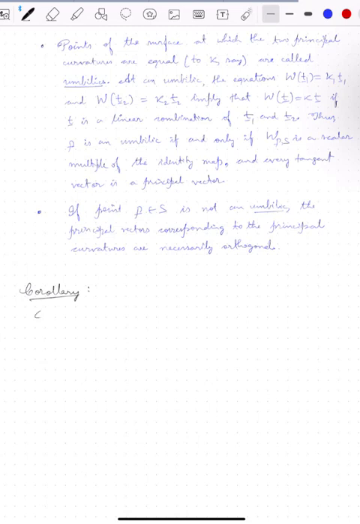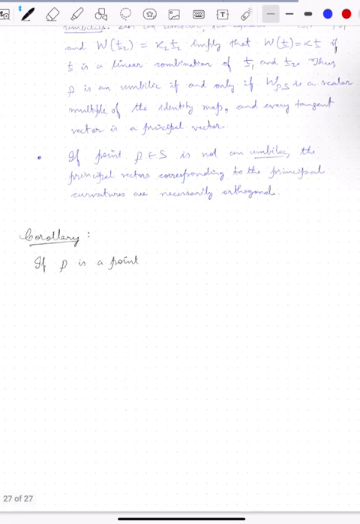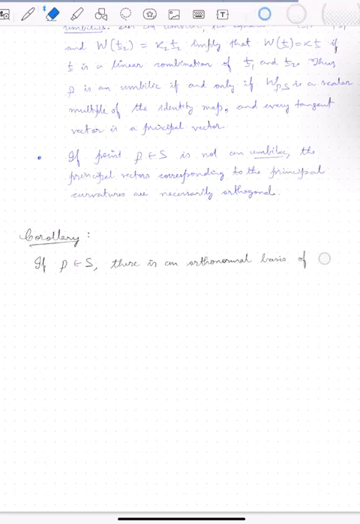The corollary states that if P is a point, or simply stated P is an element of S, then there is an orthonormal basis of the tangent plane T_P S consisting of principal vectors.